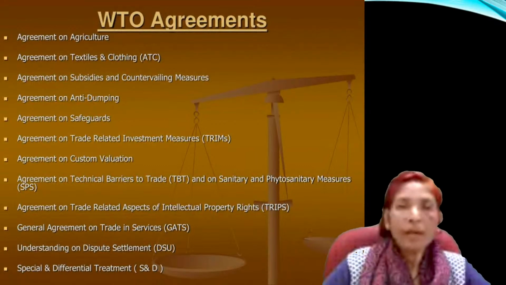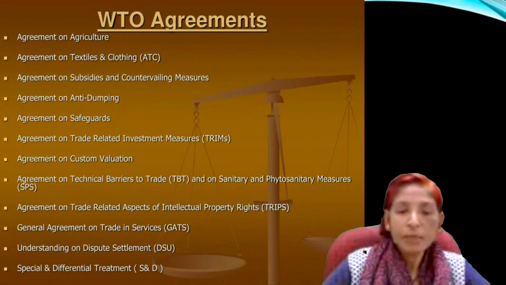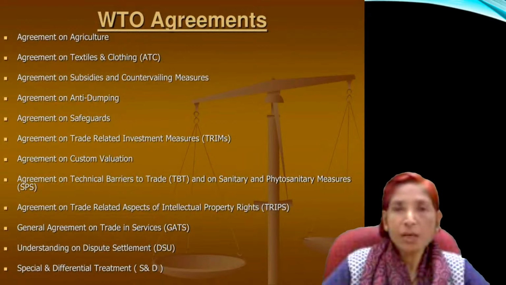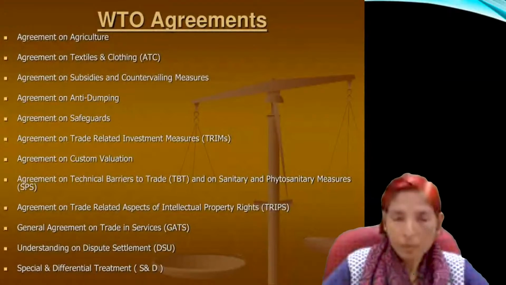General agreement on trade in services, which is known as GATS. G is general, A is agreement, T is trade, S is in services.